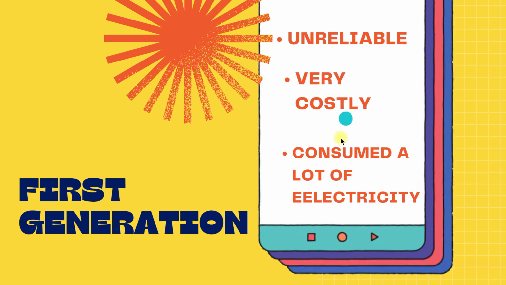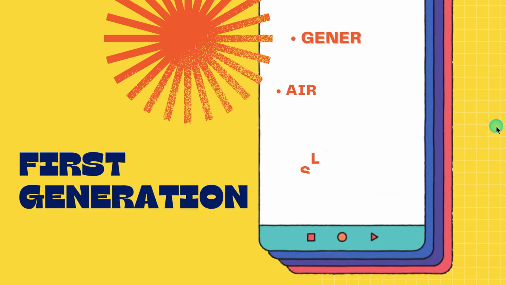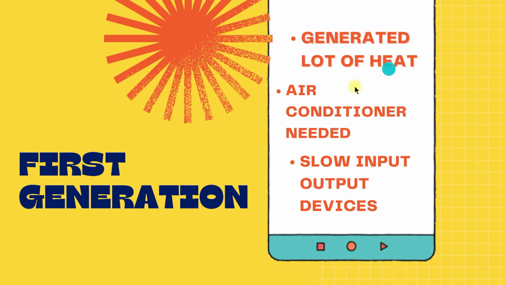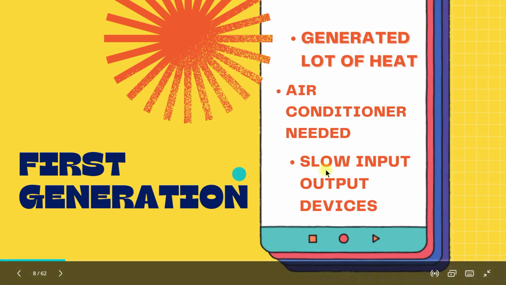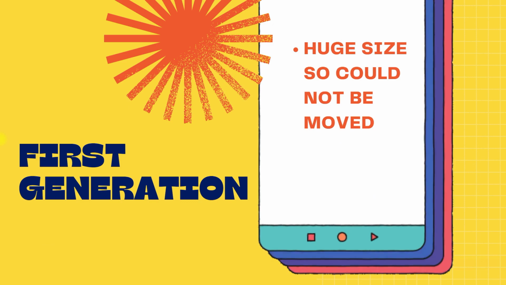Very costly, consumed a lot of electricity because thousands of vacuum tubes are working, so generated a lot of heat. That's why air conditioners were needed, slow input output devices, and huge size, so could not be moved from one place to another.